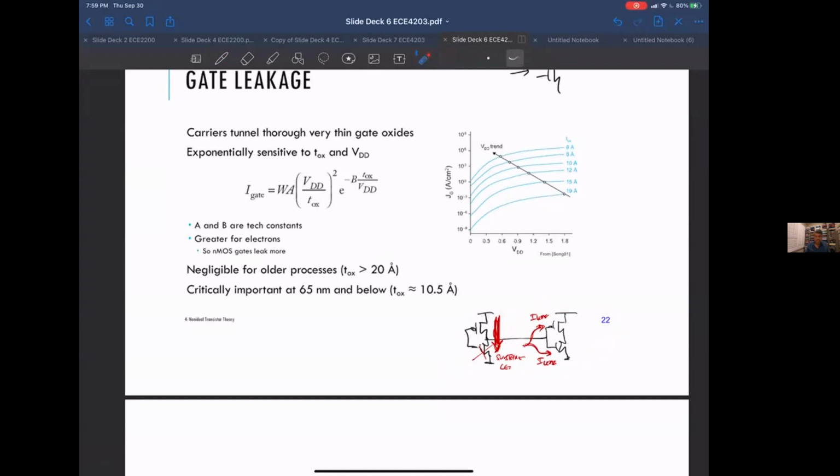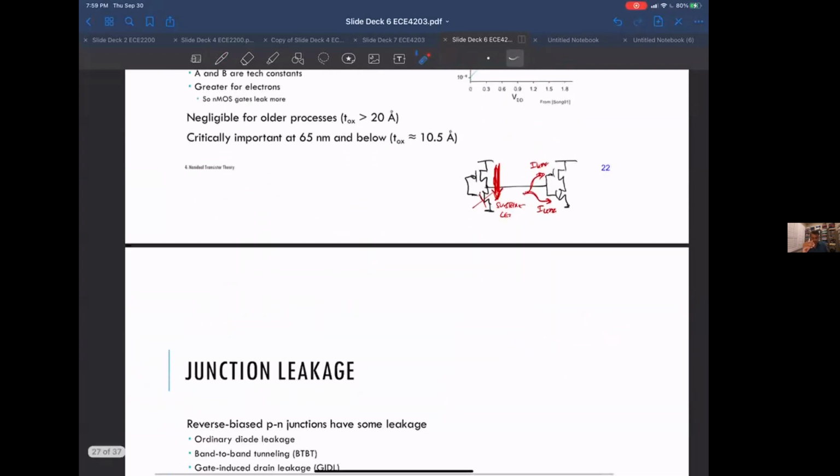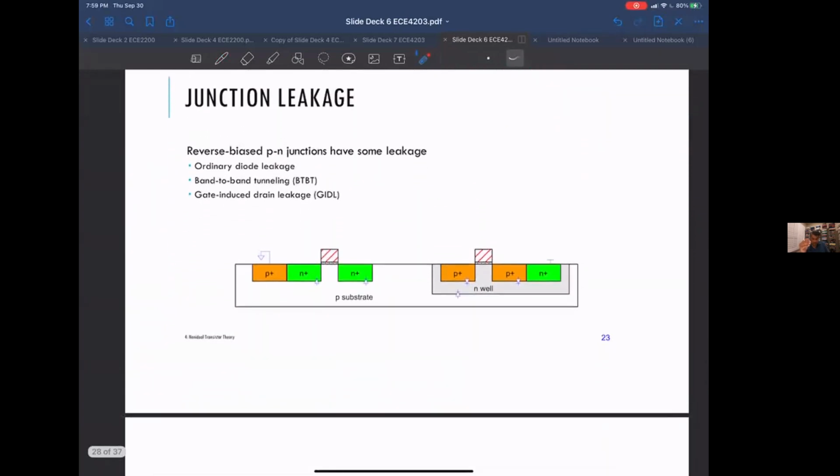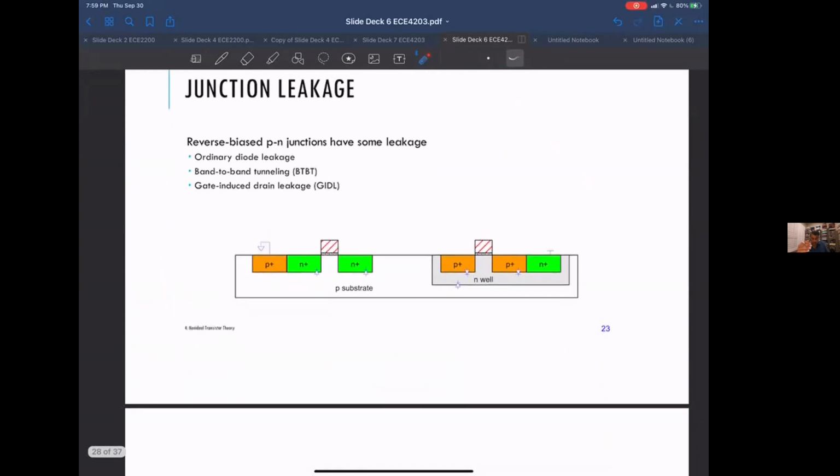Those circuits have large capacitors for their filters, and then you can get into trouble with gate leakage. But most of the time it's lower. It's just important to remember that there is gate leakage, but it doesn't get into the calculations much.